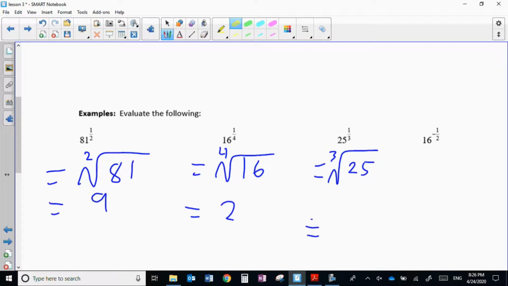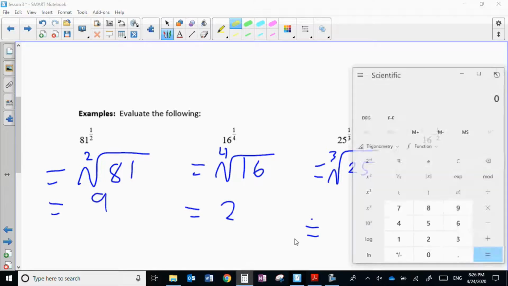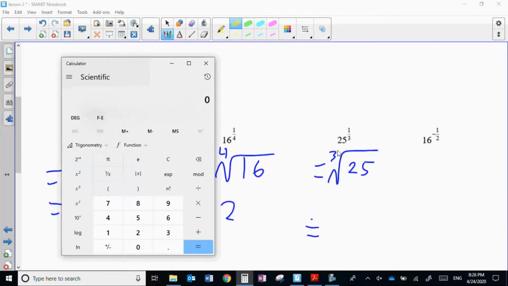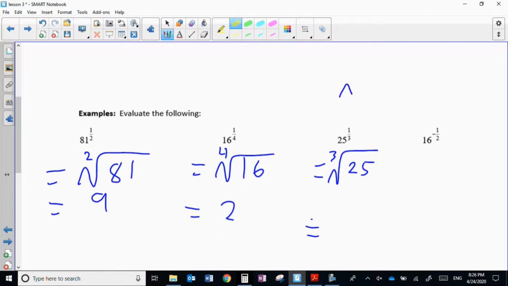I might want to put that in a calculator and come up with an approximate answer, and I can do that too. Different calculators work differently. Some calculators have a cube root button. Some have a button that looks like this, with a little x or a little y there. You can certainly try to figure out how to use that button on your calculator.